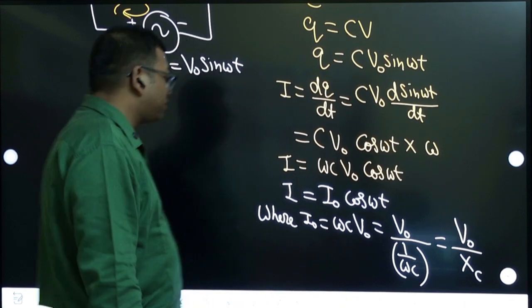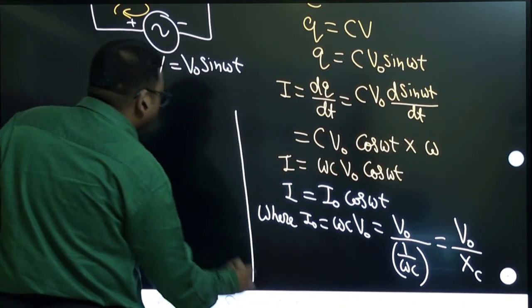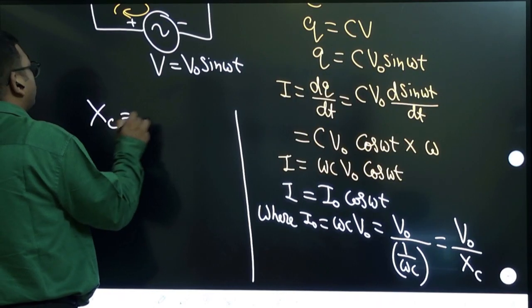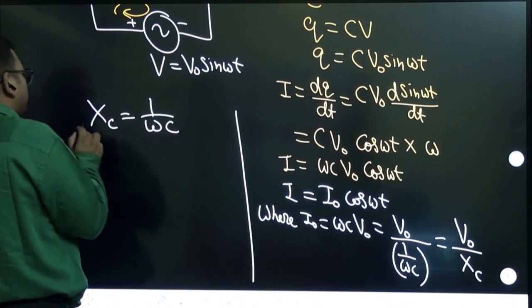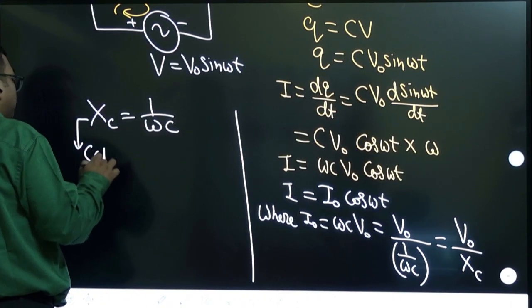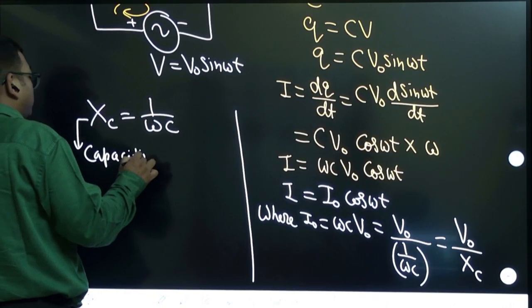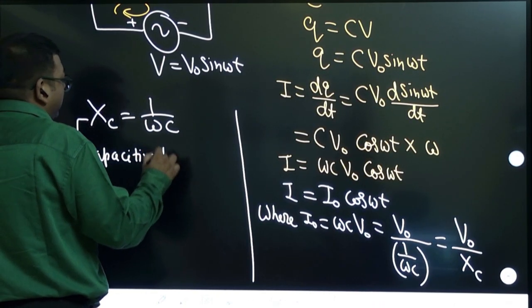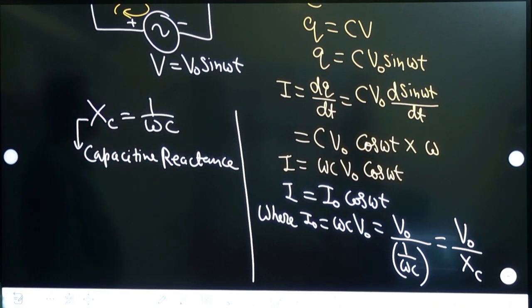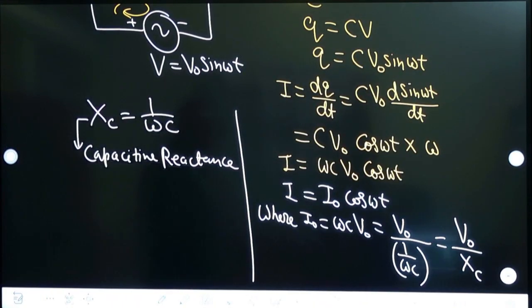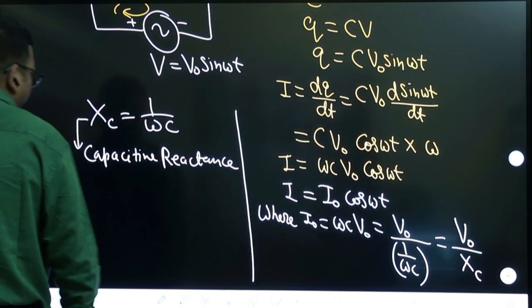So this term XC, which is 1 by omega C, is called capacitive reactance, capacitive reactance. So that's what it is.